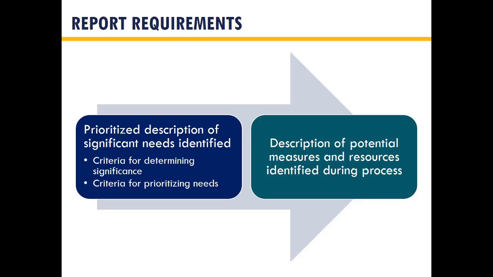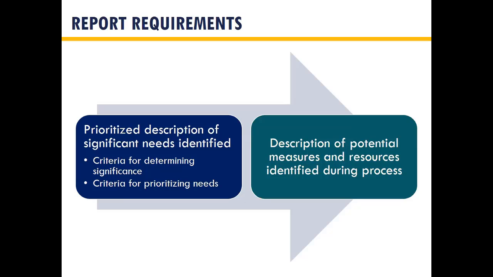I think you have to be careful in prioritizing and identifying too many needs, because you want to make sure that you can actually do things with respect to each of those needs that are going to have an impact on the community.